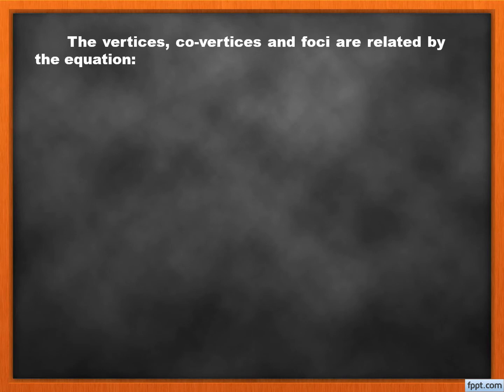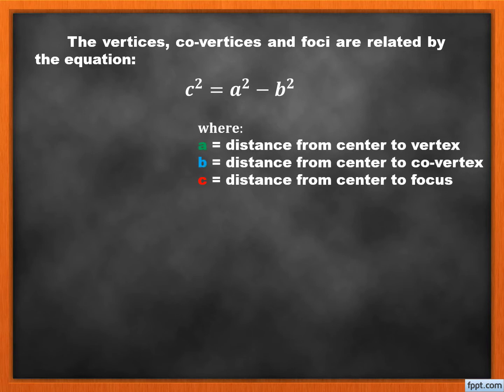The vertices, co-vertices, and foci are related by the equation c squared equals a squared minus b squared, where a is the distance from center to vertex, b is the distance from center to co-vertex, and c is the distance from center to focus.